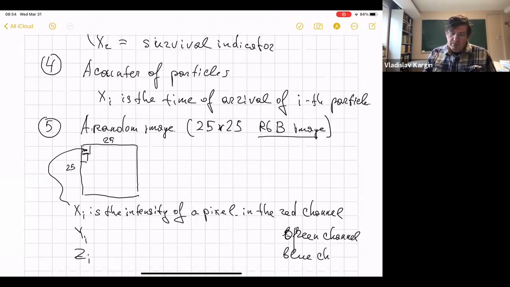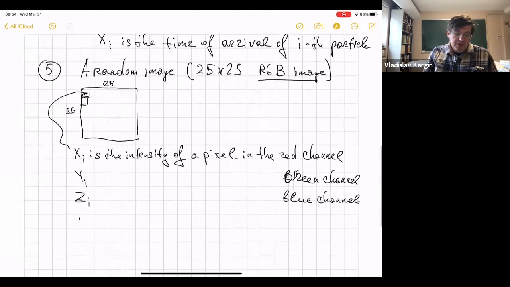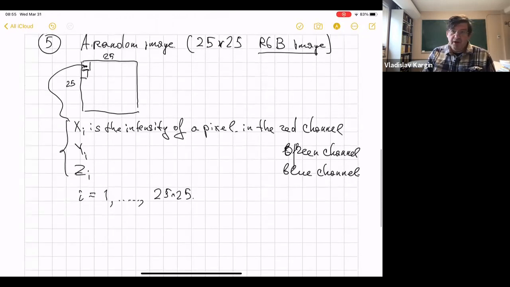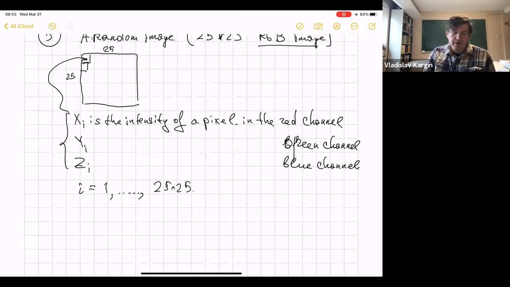Here i is the index of the pixel in the image, so i ranges from 1 to 25 times 25. So how many random variables do you have here? You have 25 squared multiplied by 3 random variables.